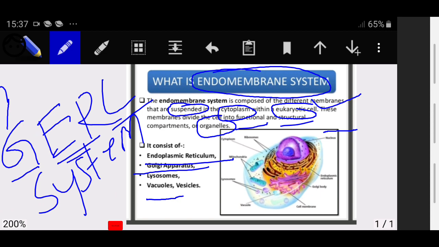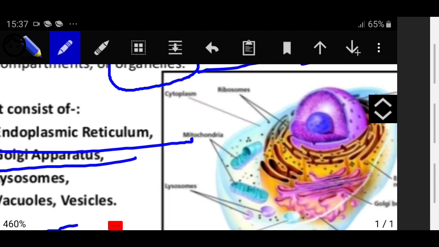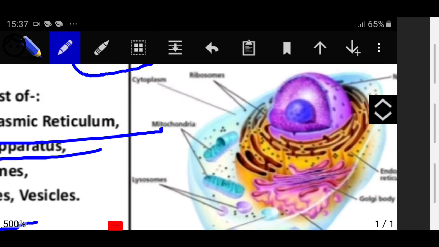In the GRL system, this Golgi complex is very near to the nucleus. This endoplasmic reticulum rises from here. You can observe this total area is the endoplasmic reticulum. Here it is the nucleus, right?